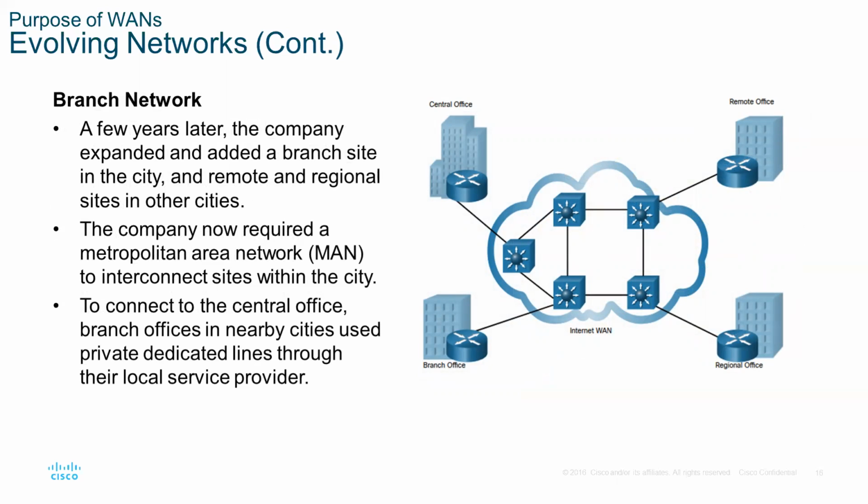Then, as the company evolves and grows again, we expand across multiple locations, and this is known as branch networks. So this is where we start interconnecting our remote sites into our headquarters or central office, and we can have different ways of doing this.